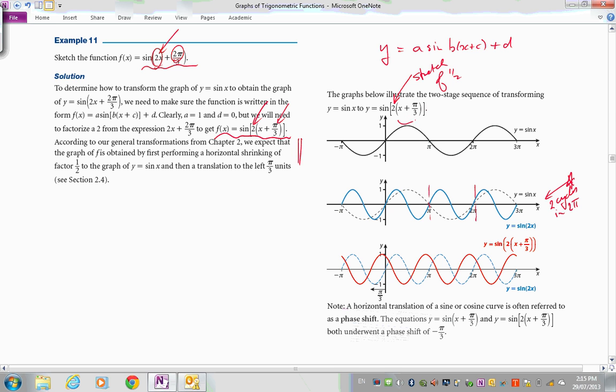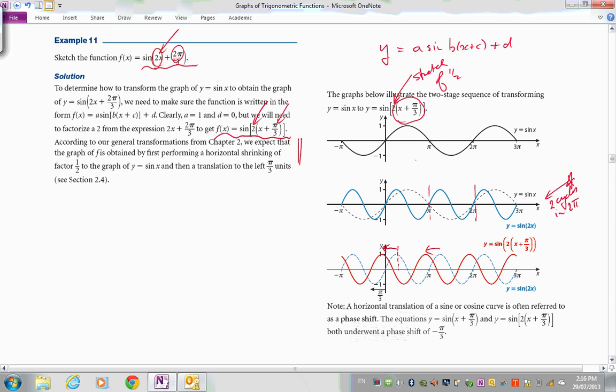And then this in here, what's that represent? It's a neg pi on 3 translation. So we now have to move the blue one back pi on 3. So here, each point was that this maximum was at pi on 4 now, wasn't it?